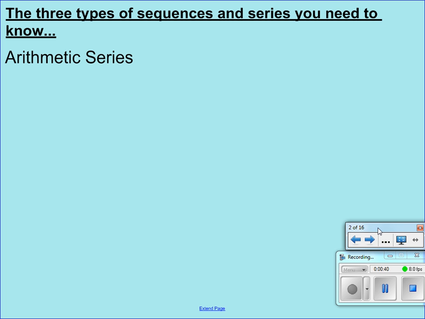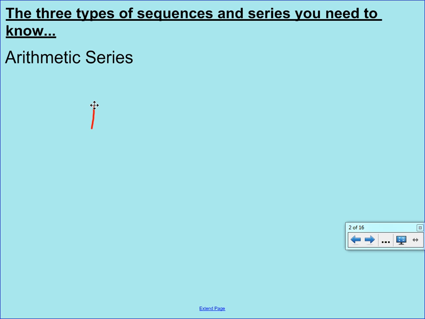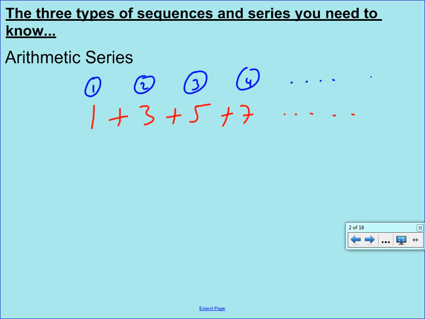Examples of which could be 1, and remember this is a series, so plus 3, plus 5, plus 7, and it goes on, okay? This is term number 1, term number 2, term number 3, term number 4, and it's going to go on until term number n.